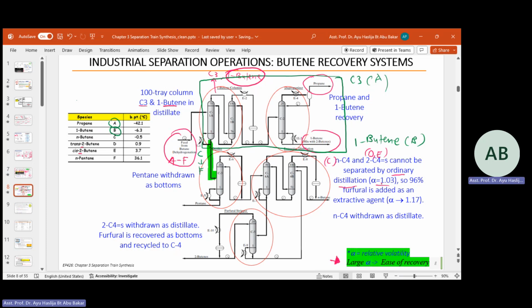So here the relative volatility is small, so this CDE is hard to separate. That's why 96% furfural is added as an extractive agent. Now you see the relative volatility increase from 1.03 to 1.17, slightly higher to ease the separation.